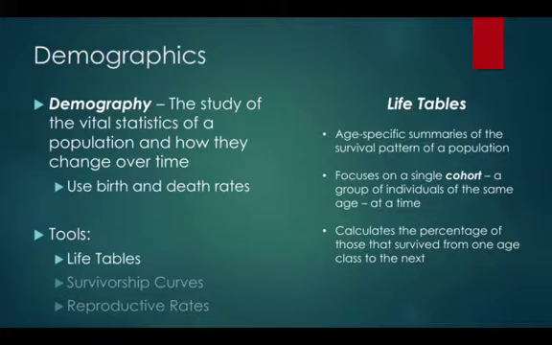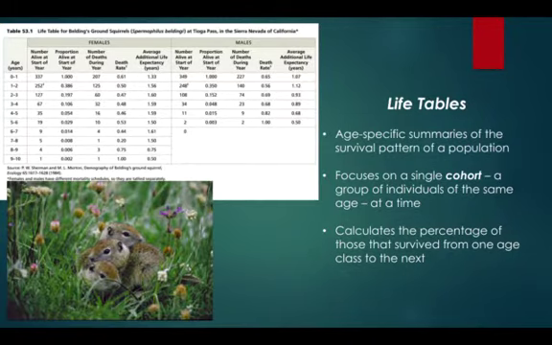So in our case, if we're thinking about what group of individuals the University of Regina would have, the majority would probably be people between the ages of 18 to 25. That's usually the cohort group. And then the life table calculates the percentage of those that survive from one age class to the next. So here's an example of a life table.